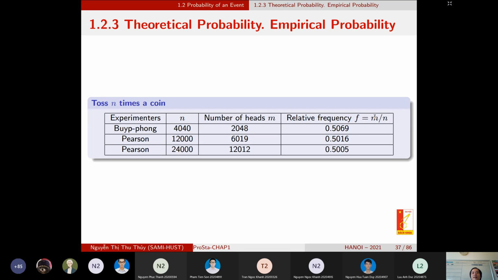The French mathematician Buffon conducted 4,040 experiments. He flipped the coin 4,040 times, and he got 2,048 heads.